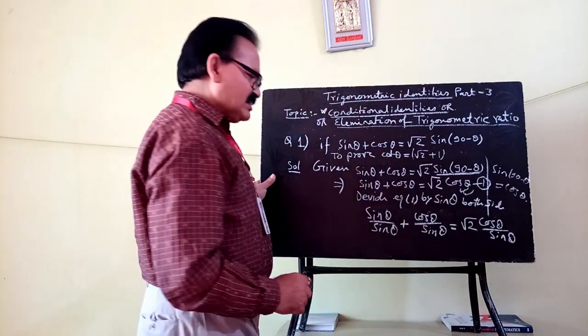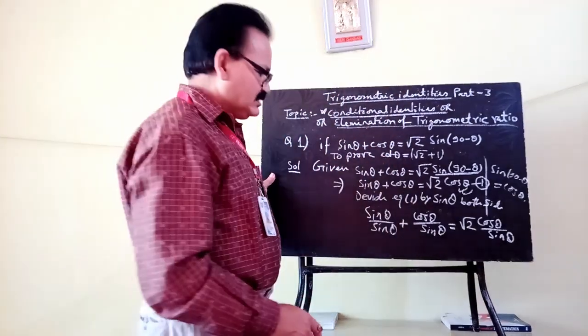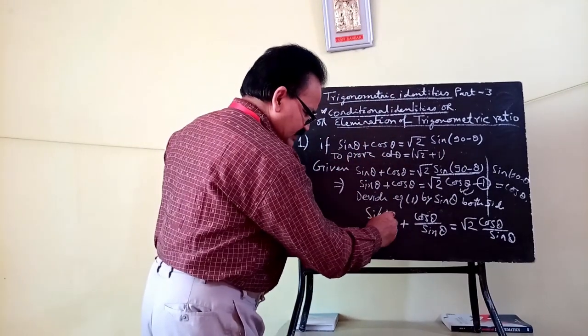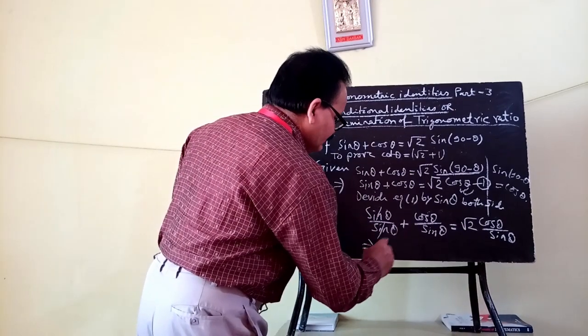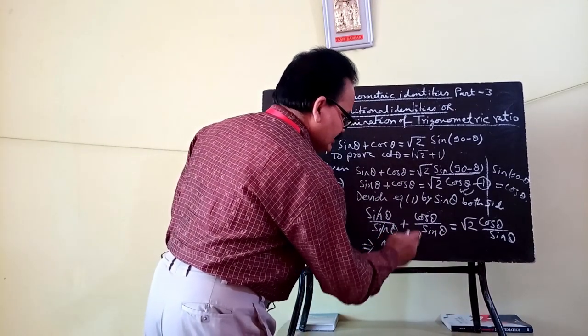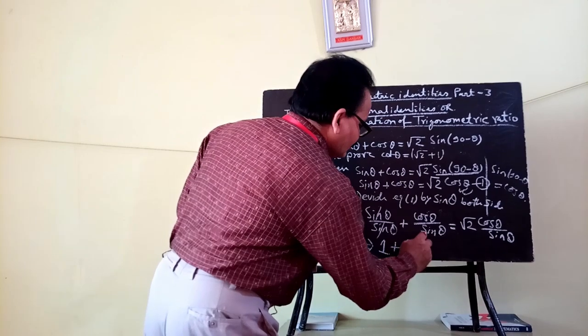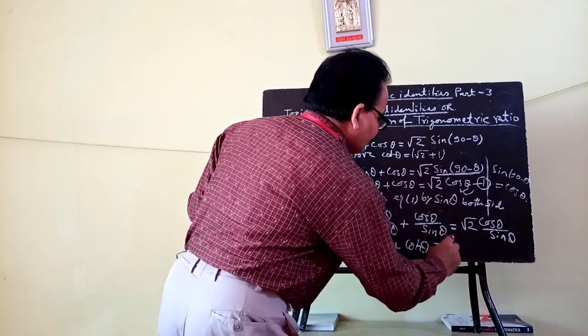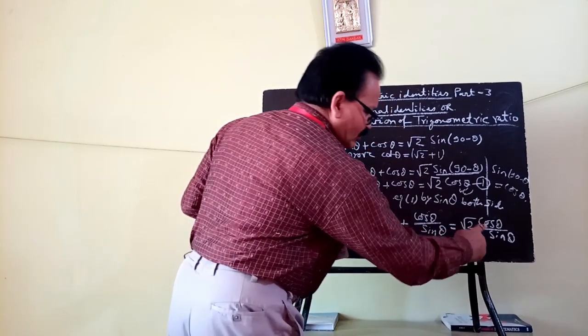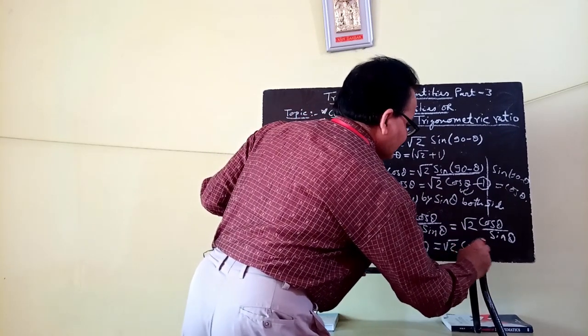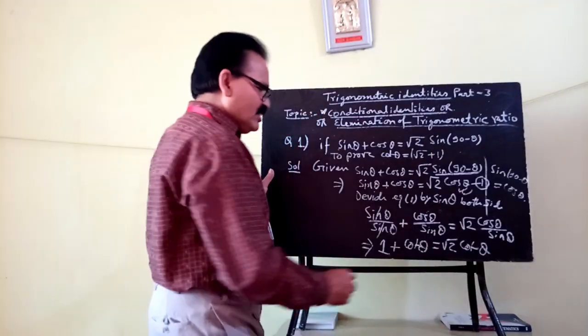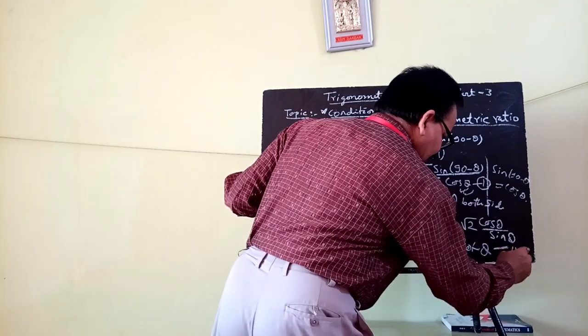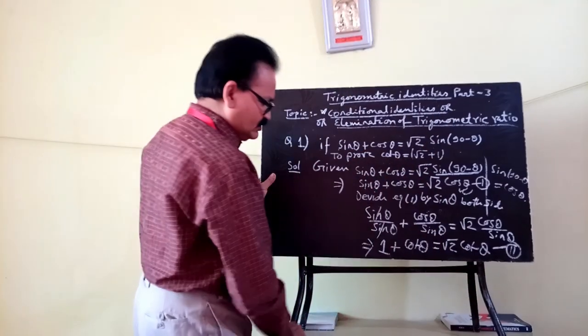After division by sin theta, this cancels, so you have 1 plus cos theta by sin theta, which is cot theta, equals root 2 into cos theta by sin theta, which is again cot theta. You can write this as equation 2.